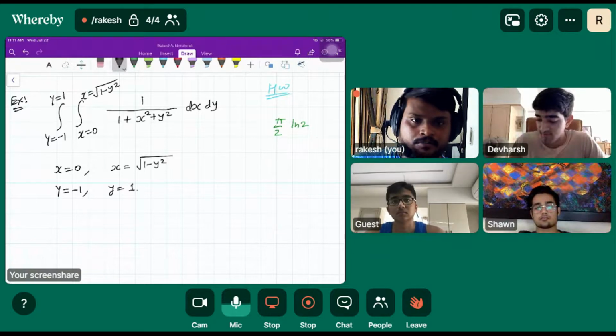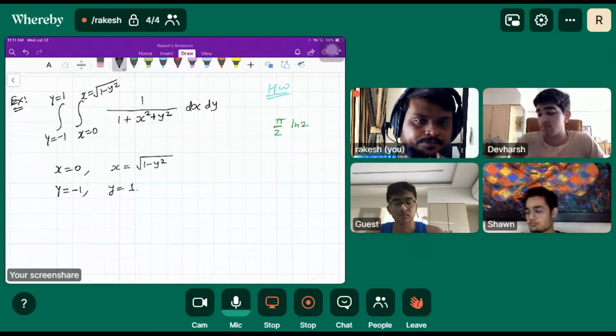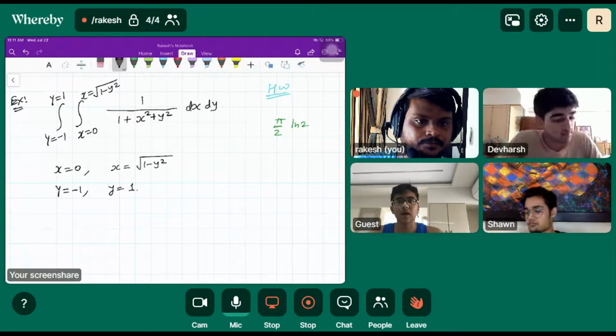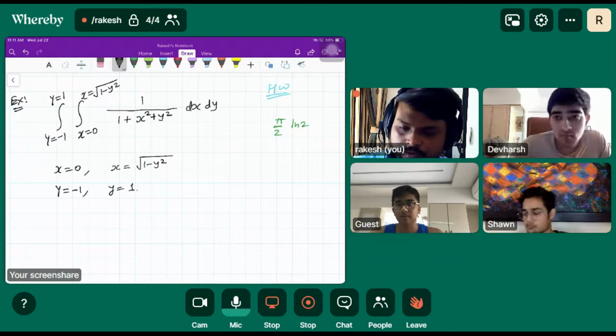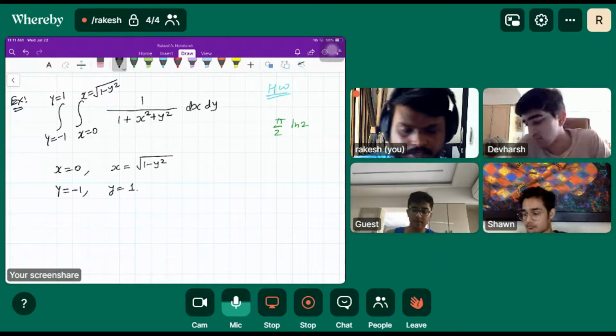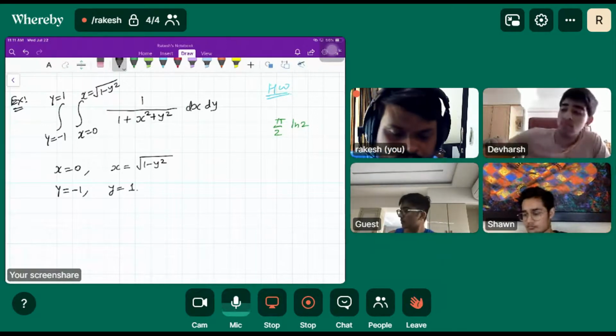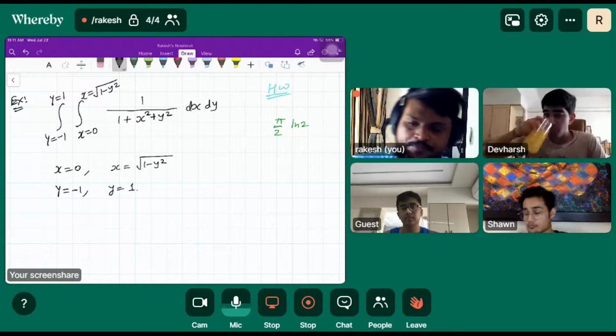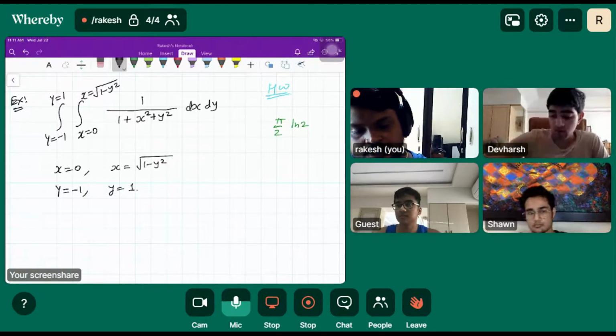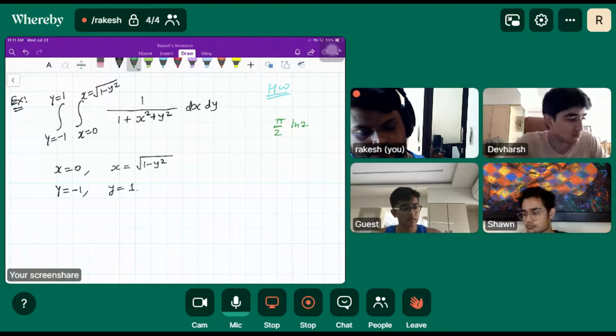Mano, did you make a try on this or not? I did, but I didn't get the answer. I got 0. Okay, no problem. Just look at this carefully now. These limits will help us find the region. So let's draw the region first.